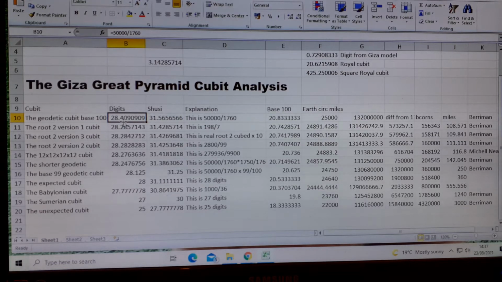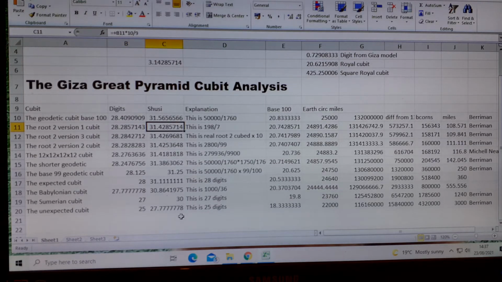So we've already got that one, and we can get this root 2 version 1 cubit, and this is using 198 over 7 as 20 root 2. So that goes there, that's 198 over 7. And then we multiply it by 0.733, and we get this cubit. And look at what happens with the Shusi.